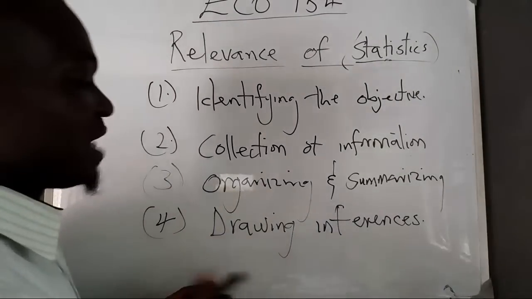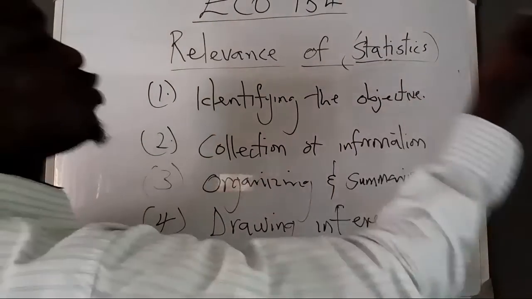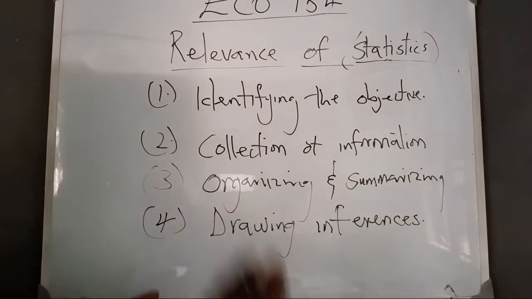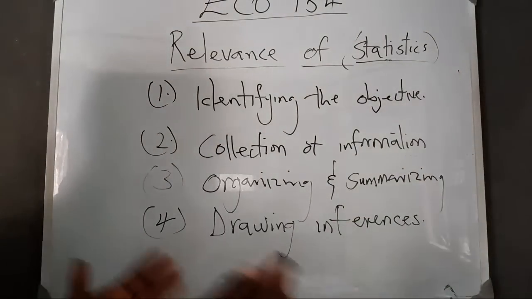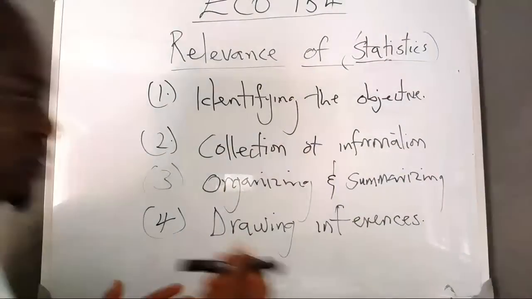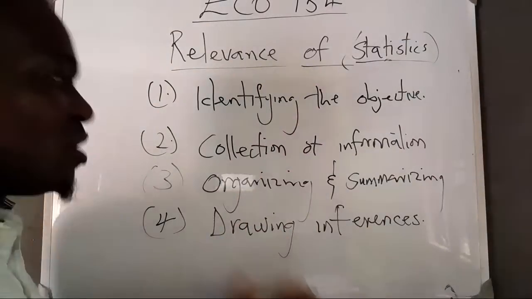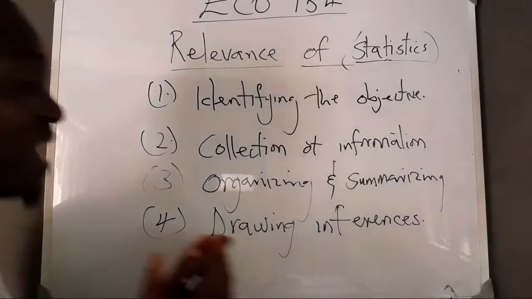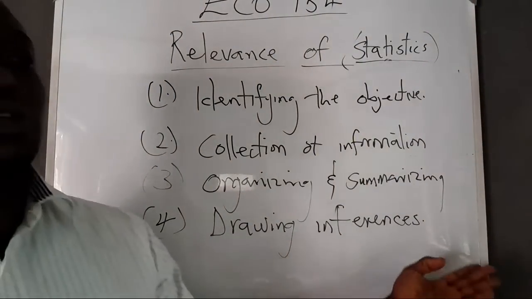Now let's take a look at it again. Number one, we know what we want, which is the objective, the purpose why we are researching, something we want to know. Now we collect information. When we collect information, we organize it, and at the same time, we summarize it. And lastly, we draw conclusion, that is inferences.